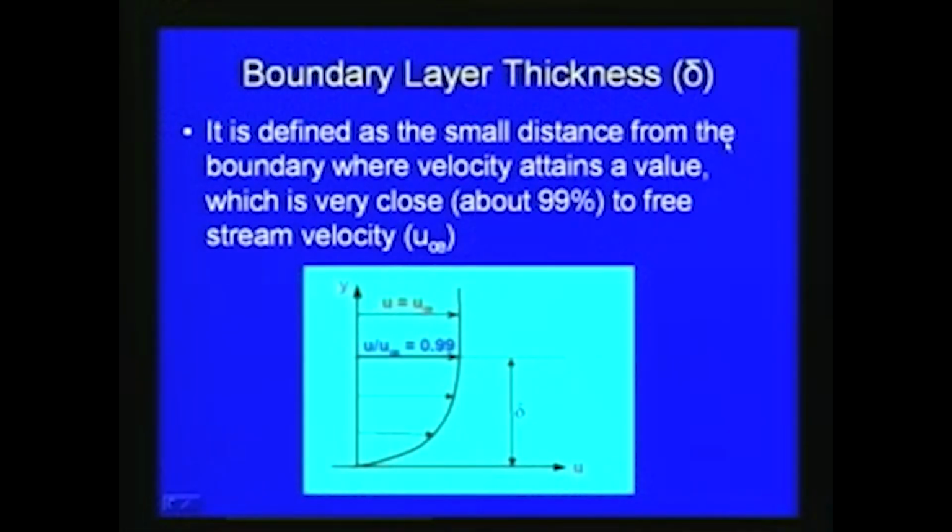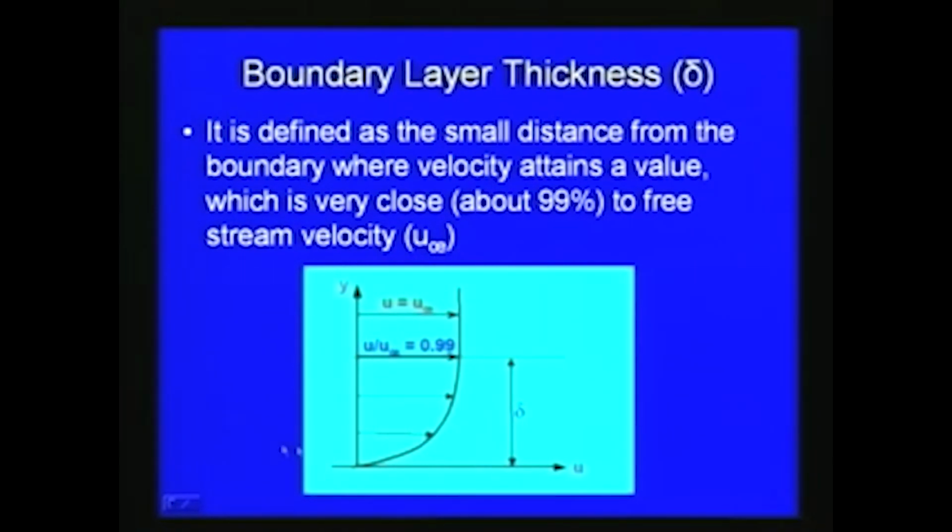In most definitions, the normal boundary layer thickness is generally defined as that location where 99% of the free stream velocity is achieved. So the boundary layer thickness delta is defined as the small distance from the boundary where velocity attains a value very close, about 99%, to the free stream velocity u infinity.